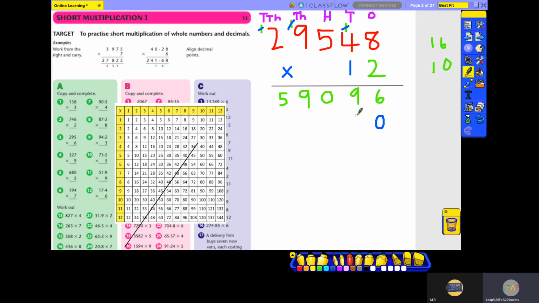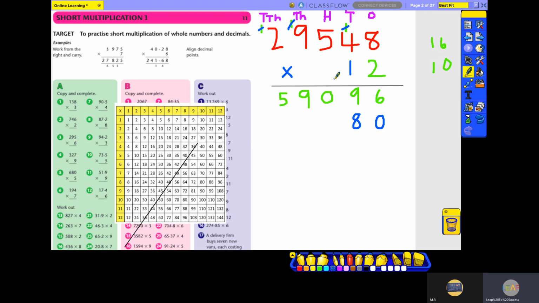So 1 times 8 is 8. Again, another thing I want to mention is, remember to, as I mentioned in the last episode, try and keep them in line with each number. So your ones column there, your hundreds column, keep it in line because it does help you when you add up the numbers at the end, and it helps you in terms of not making you confused, because if you've got numbers in different areas, you'll forget.